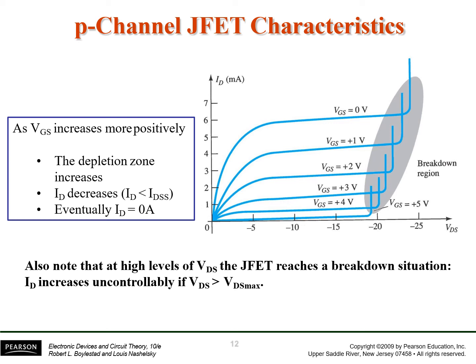For example, for VGS equal to 4 volts, it comes at about minus 20 volts of VDS, right? And what happens is that the value of the current ID increases uncontrollably, and this would happen only when VDS becomes more than VDS maximum.